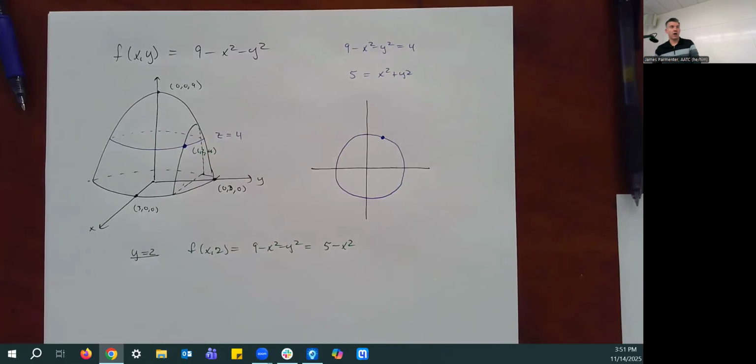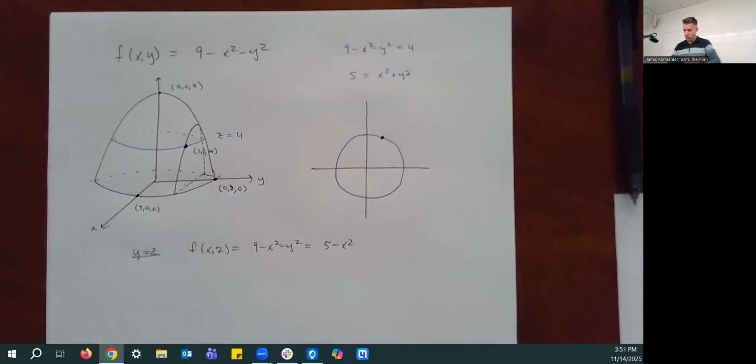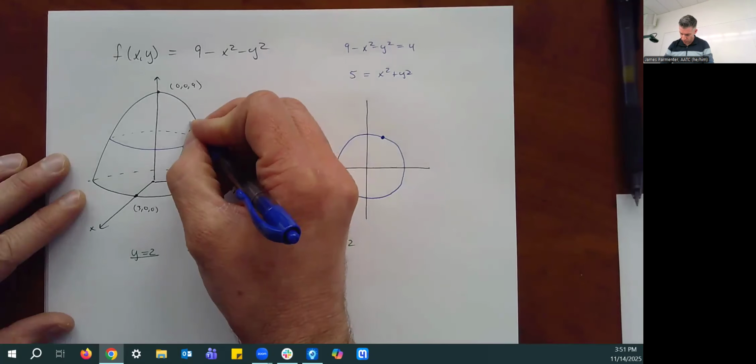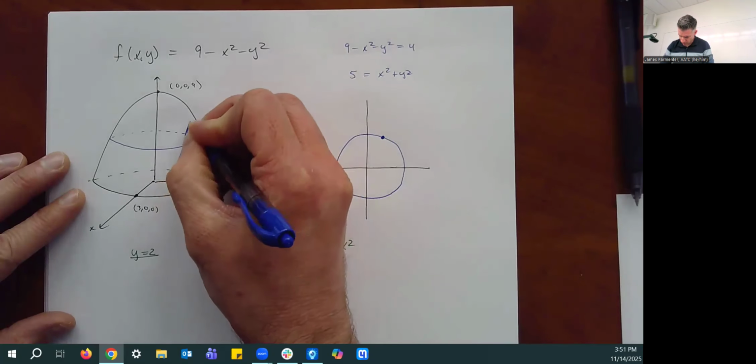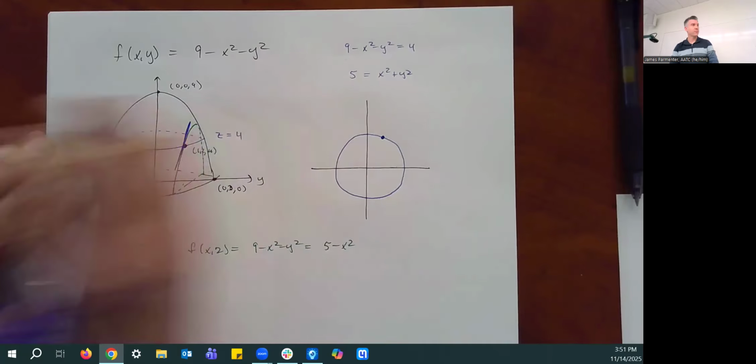And on that parabola, if we move along that parabola, the height's changing and x is changing, but y isn't changing. y is equal to 2 everywhere on that green parabola. So now we're asking, if I move forward towards you, what's the rate of change, or what's the slope of my tangent line there?